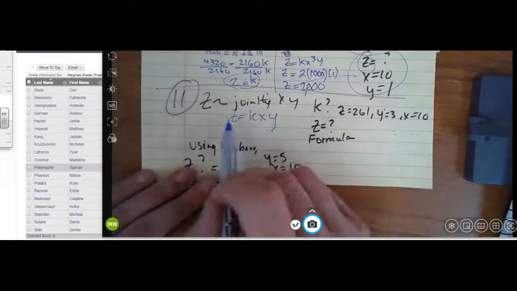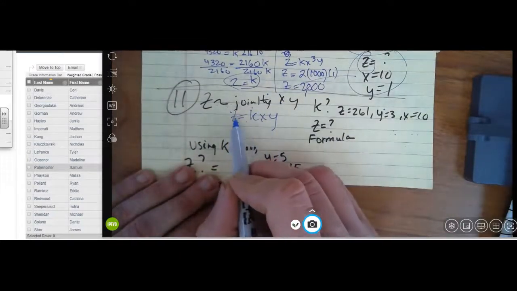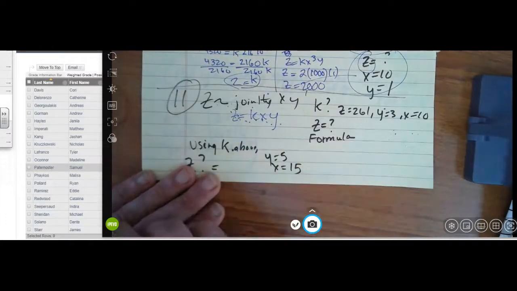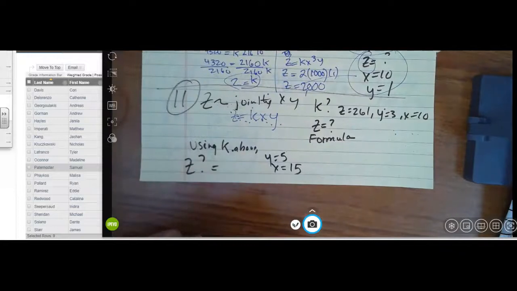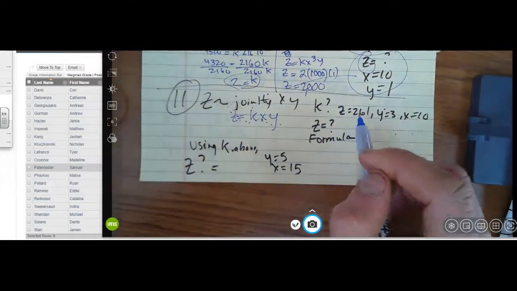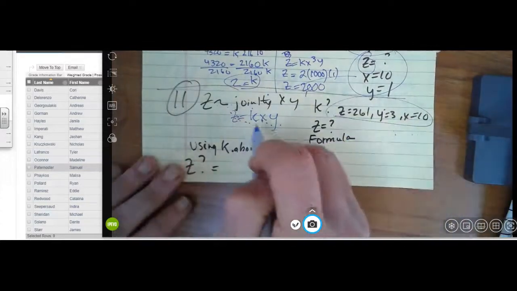Now this one says z varies jointly with x and y. So if z varies jointly with x and y, it's going to be z equals k times xy. So they want to know what z equals first. That means we have to solve for k using these numbers, working backwards, and then put that in there.